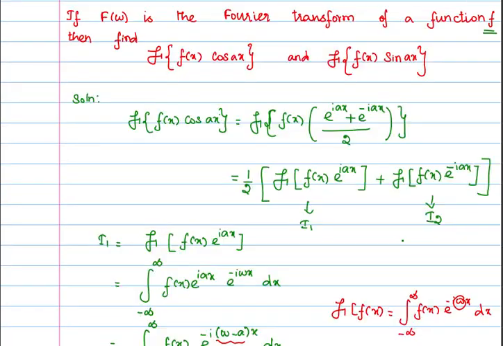This is the result for the Fourier transform of f(x) cos ax.